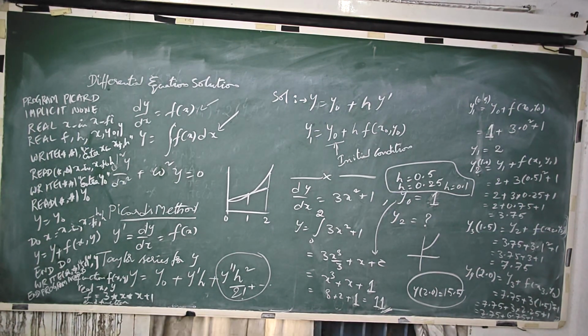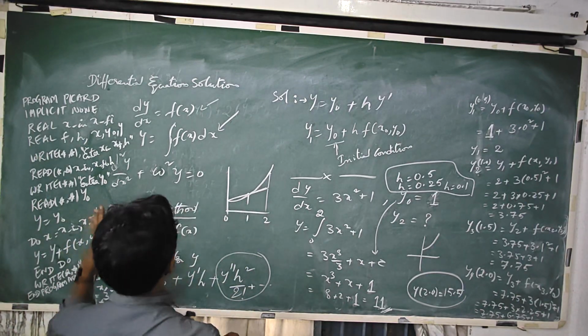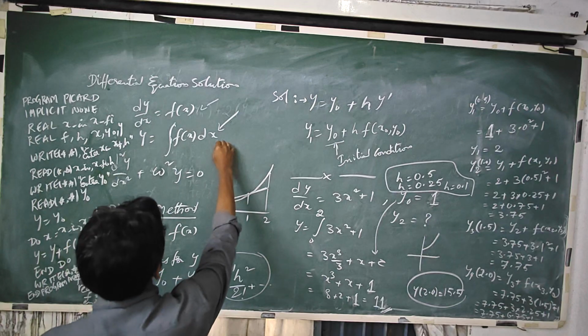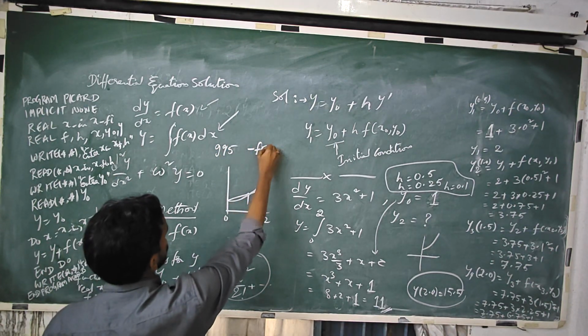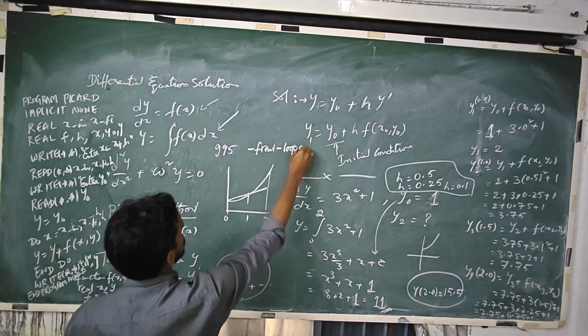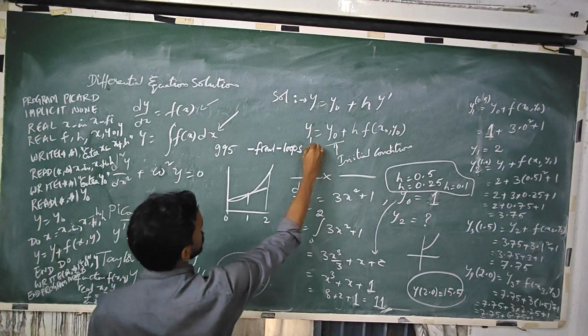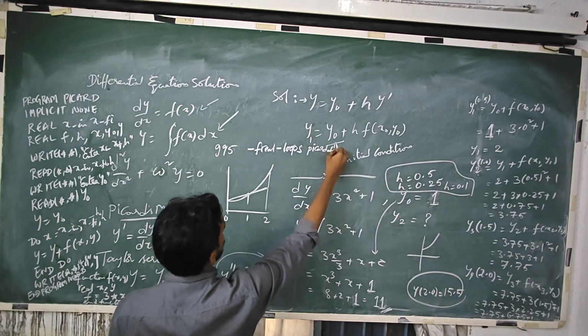So here we are using real numbers in the do loop. To compile that program we need to use this G95 minus f real minus loops and the program name Picard.f.